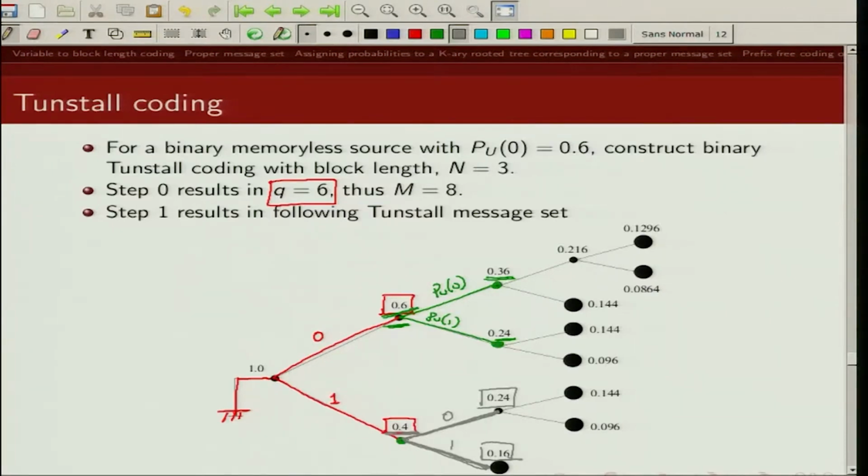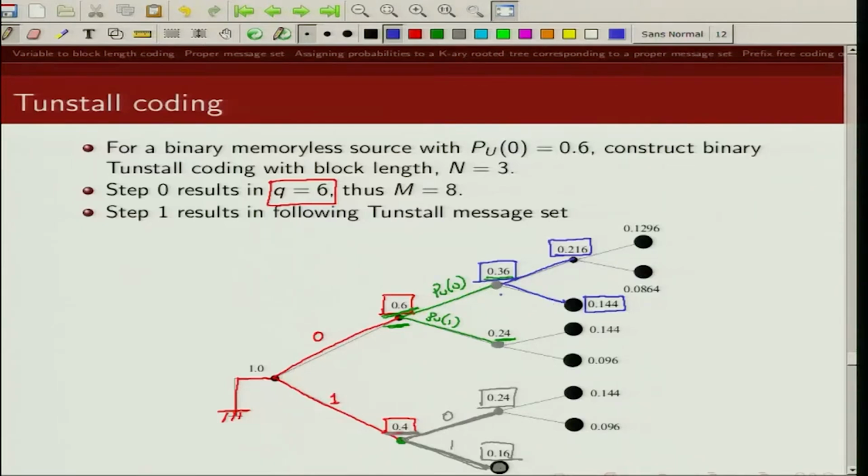Third, so now at this point, what are the probabilities of the leaves? This is probability 0.36, this is probability 0.24, this is 0.24 and this is 0.16. So at this point we can see that this particular node has the highest probability. So our third extension will happen from this particular leaf. If I extend this leaf, this probability is 0.36 into 0.6 and this probability is 0.36 into 0.4.